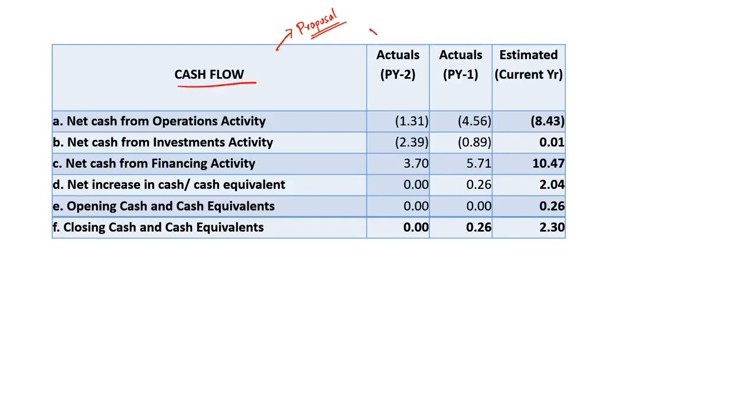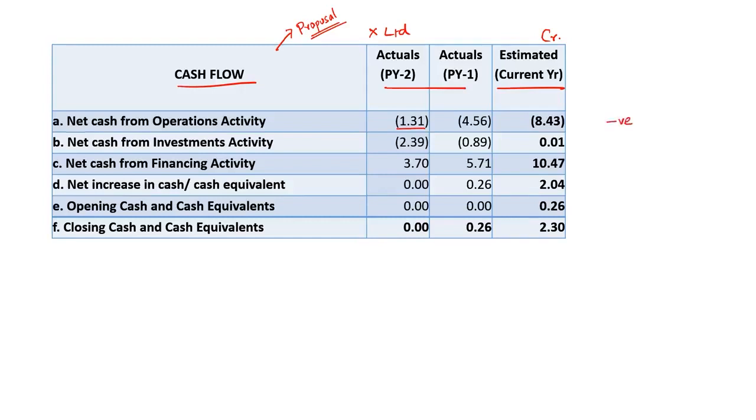Okay, let's have a look at this cash flow. We have cash flow of, let's say, X Limited for the previous 2 years and estimate for the current year. So what is happening in previous year 2? Let's analyze that. Net cash from operations is negative 1.31. Let's say figures are in crores. It is negative 1.31. It means the cash what they have generated from operations is negative.